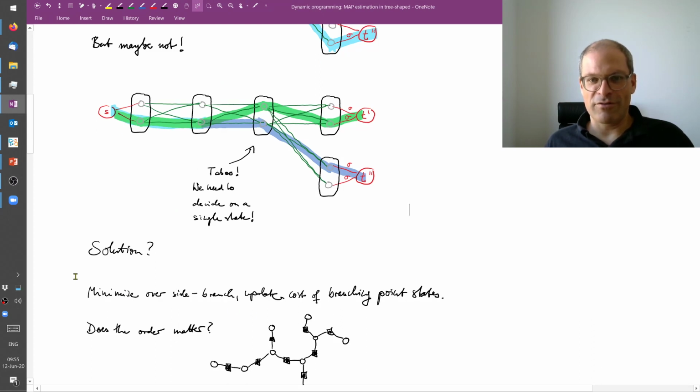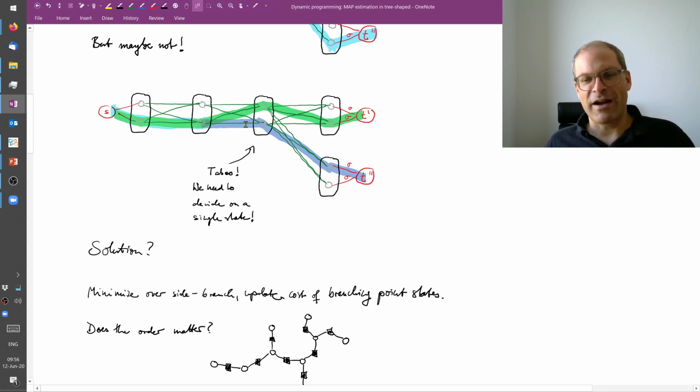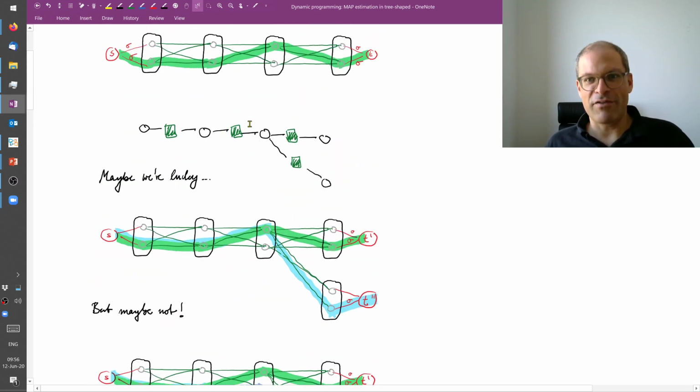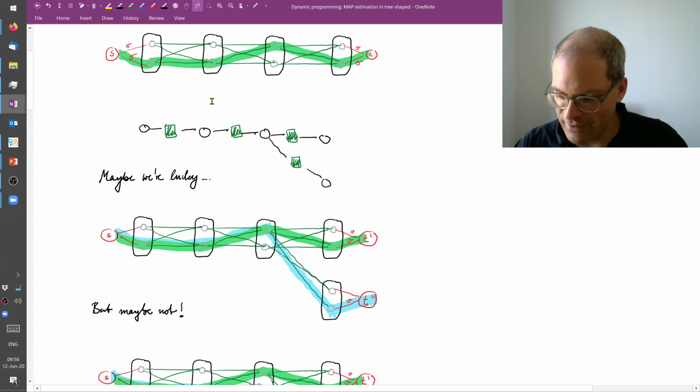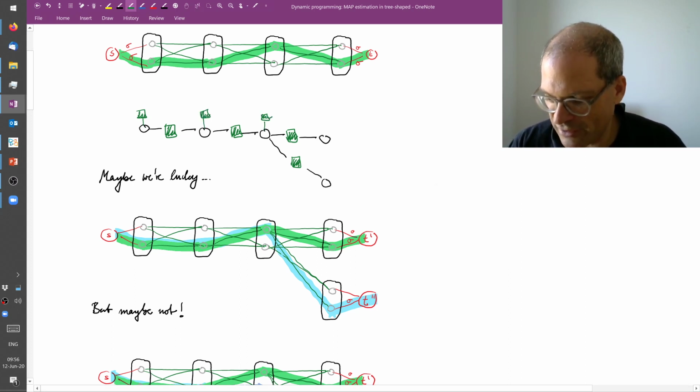So here I wrote, let's minimize over the side branch and update the cost of the branching point states. In my picture, I normally have costs only for these pairwise potentials. You see, I have only these pairwise factors here. I could add explicitly these unary factors. So I could say that there is a particular cost associated with each state that these variables here can take.